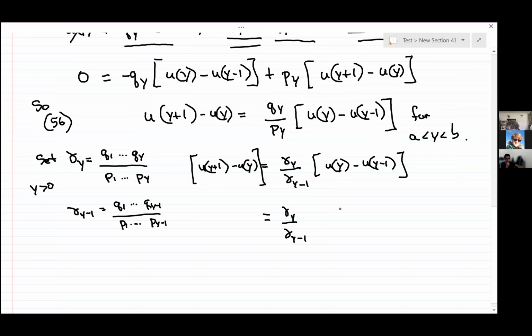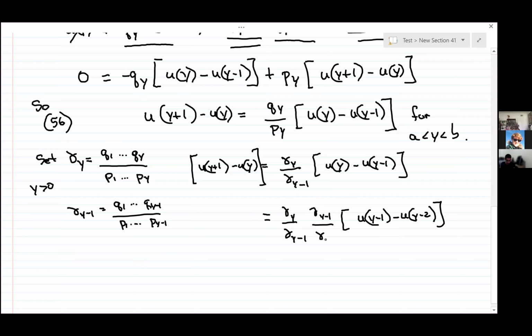Well, if I do so, I'll get something that looks like u(y-1) minus u(y-2). But when I do that, in order to be faithful to what this is, I have to multiply this thing by something that looks like this, except what? y will be replaced by gamma of y minus 1, and the same on the bottom.